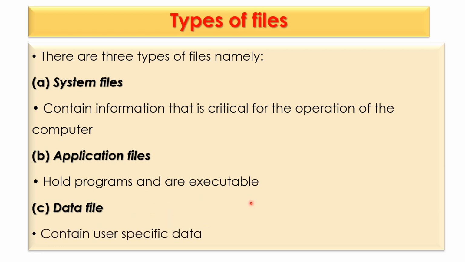Data files contain user-specific data. What you were doing on the computer, you have saved. That one is the data file, whether it's a music, a document, or whatever. But application files contain a program that when you put it there, you will be working on that program. So the types of files are: system files, application files, and data files.